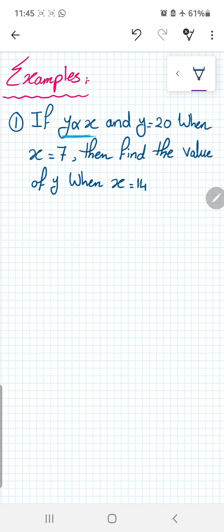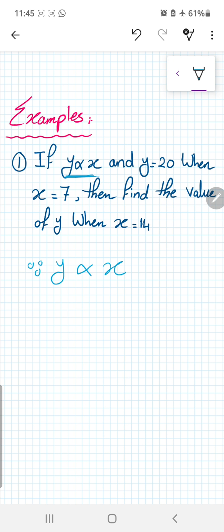Okay, here we don't get the relation, so direct substitution in the rule. Since y varies with x, we get y1 over x1 equals y2 over x2. Okay, who are y1 and y2? Here y1 and here x1.